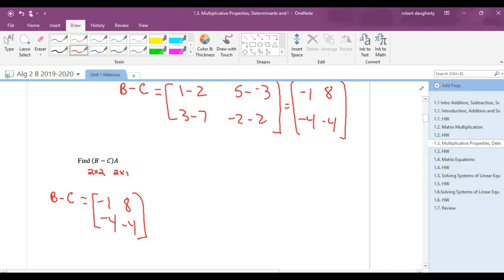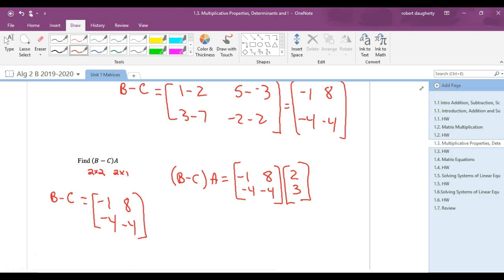So B minus C times A is going to be negative 1, 8, negative 4, negative 4 times, and what is A? 2 and 3, like that. So the answer is going to be a 2 by 1 matrix. I'm going to look at the first row with the first column, the second row with the first column.